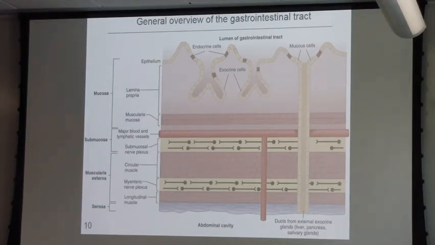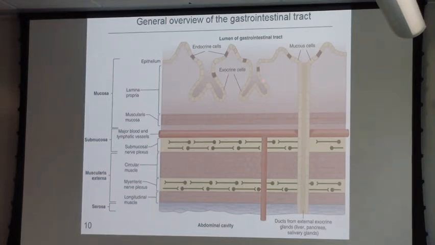The exocrine cells of your digestive tract secrete things like mucus or enzymes or other juices for digestion, not into the blood, but into the lumen. So endocrine cells respond to what's in the lumen and secrete their hormone into blood. Exocrine cells respond to what's in the lumen and secrete something into the lumen.